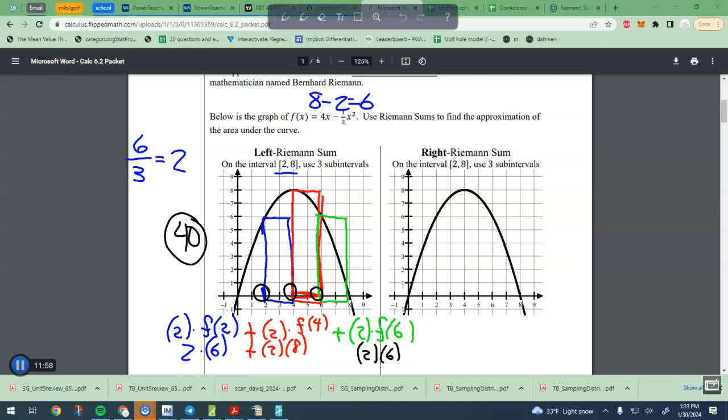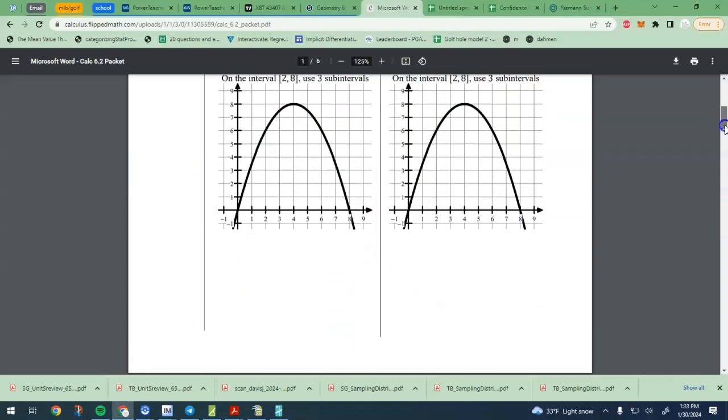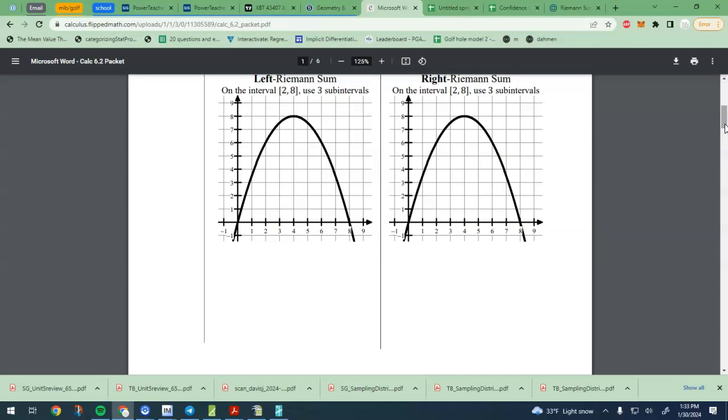For the right hand, can I erase this? Yes? Yeah, you're still right. So the right-hand sum is extremely similar. You have 3 subintervals to cover 6 units, so each rectangle is going to be 2 units wide.